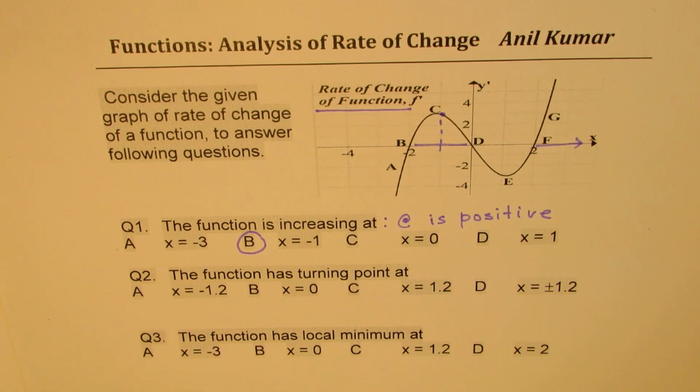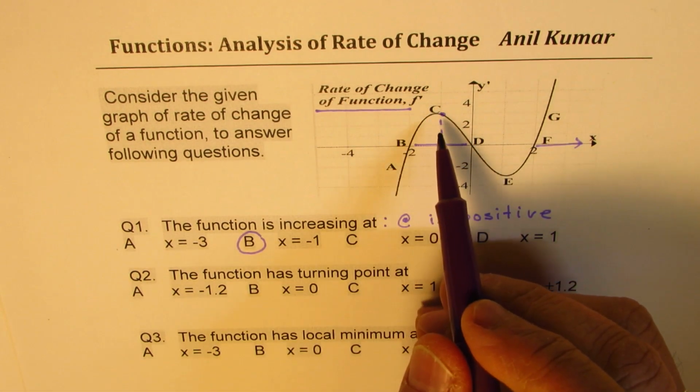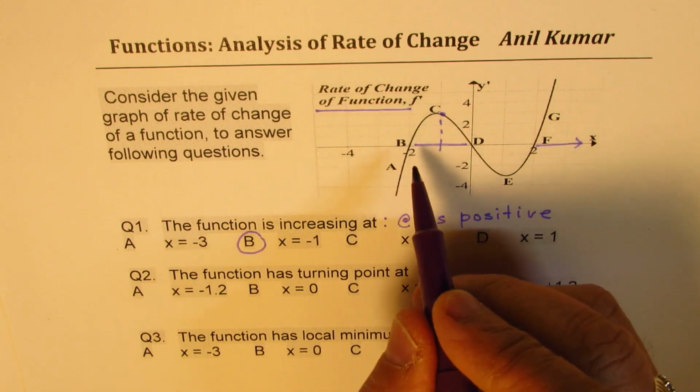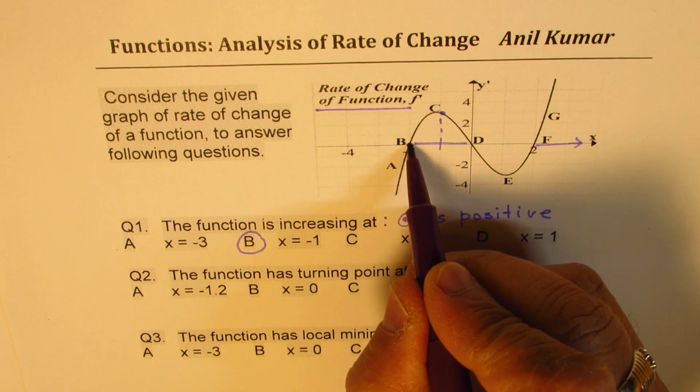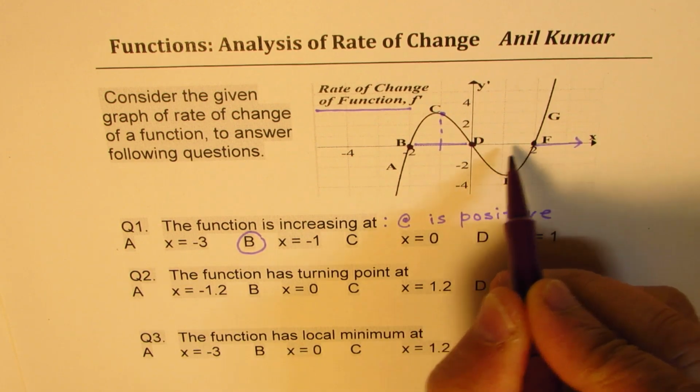Question number 2. Now in this case, the function has a turning point at which place? Now how do you identify the turning points? In a rate of change, if there is a turning point on the function, then the rate of change will be 0, right? So these are actually the turning points of the function.